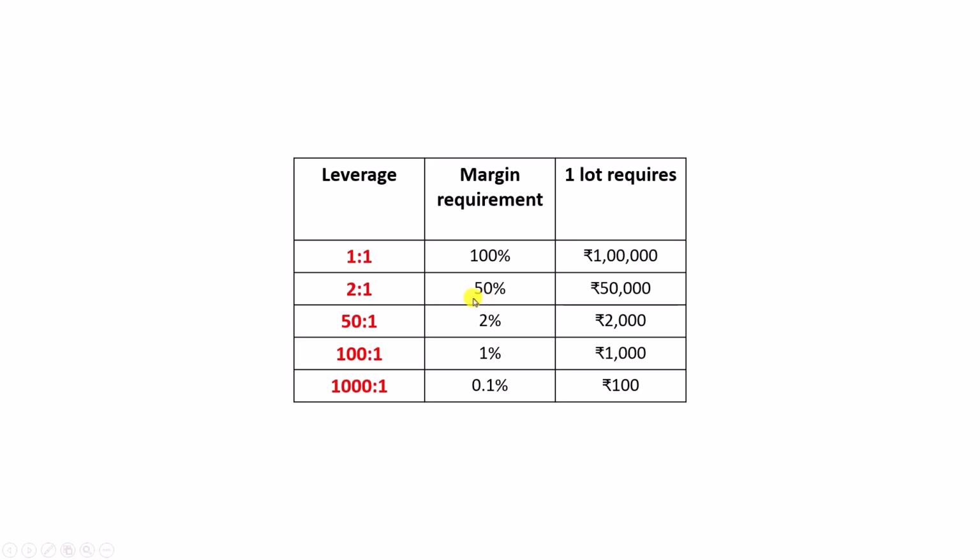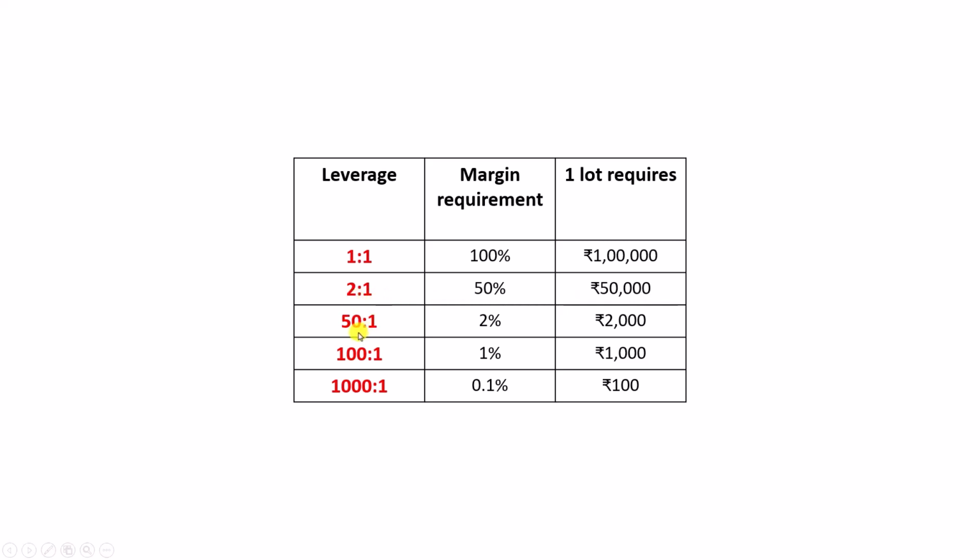Meaning, if you add 1 rupee to your account, the broker will give you 1 rupee and it will be 2 rupees in total, and you can control 2 rupees worth of currency in the market. For example, if one lot requires 1 lakh rupees, all you need to have in your account is 50,000 rupees. The remaining 50,000 rupees will be given to you by your broker, and that is this leverage.